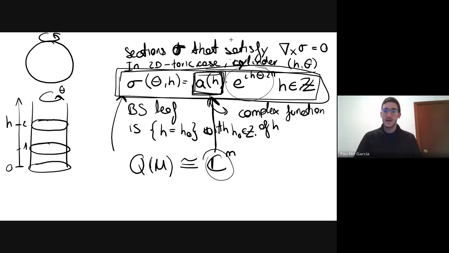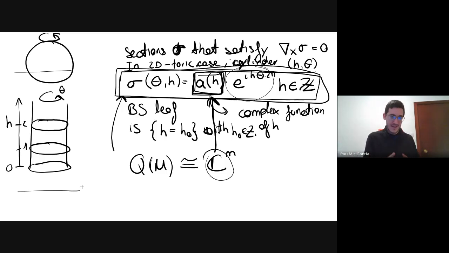All of them allow us a globally well-defined flat section. And if we consider a manifold in which there are m integers, so if we cut the cylinder at some point, we will have m integers, and for each one we would have this copy of C.